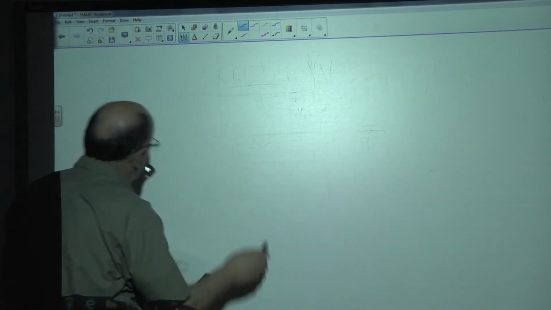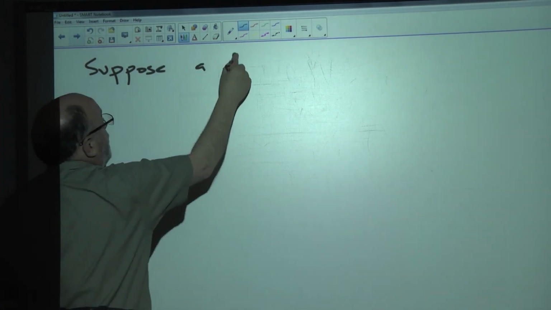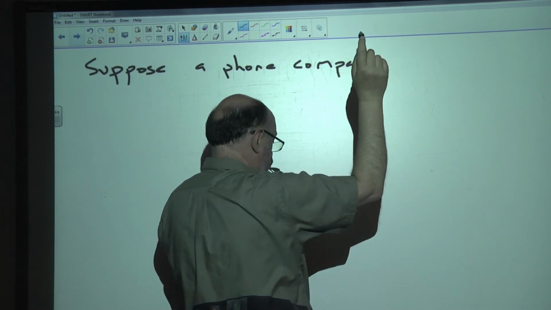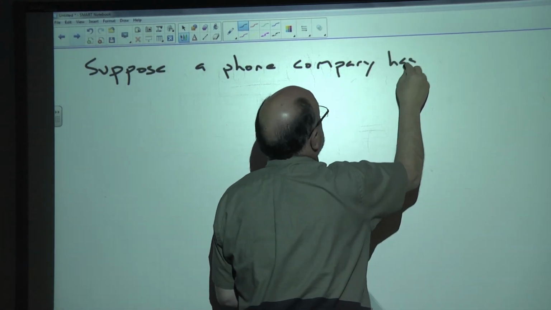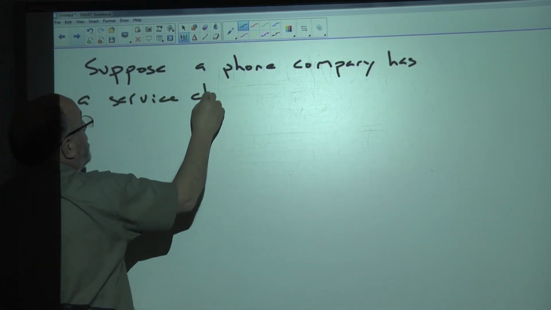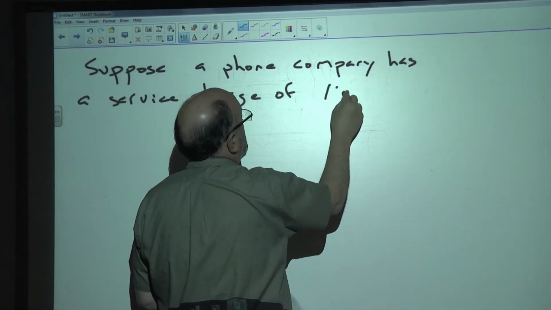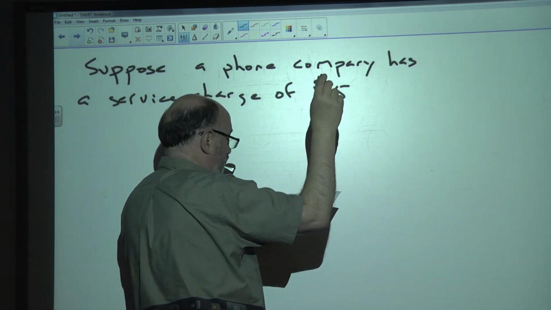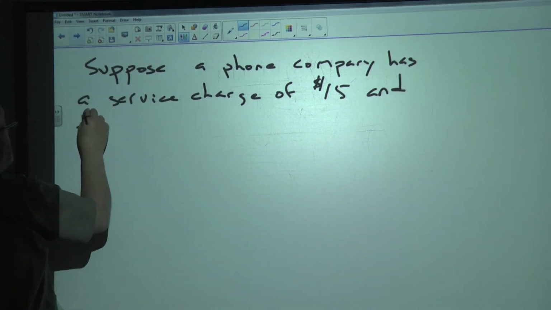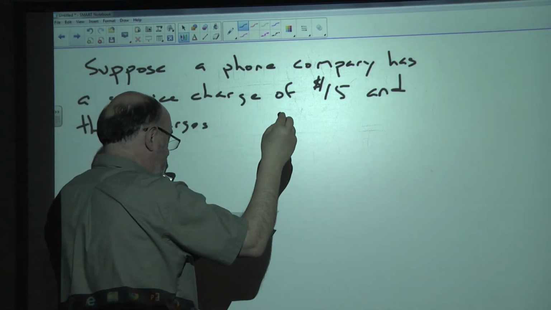So given something like this, suppose a phone company has a service charge of $15, and then charges $0.11 per minute.